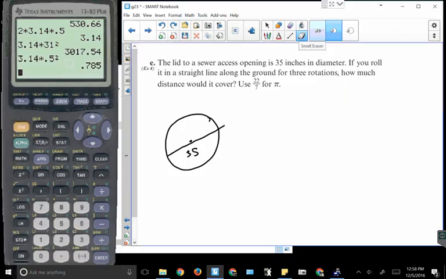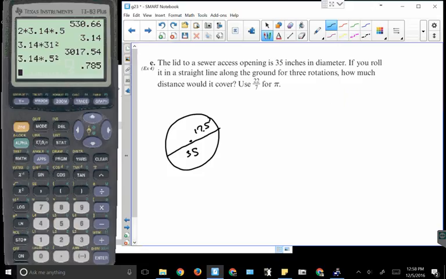Now again, you don't have to be super accurate here, you just have to make sure that you get things put in there. So, what's the radius going to be? That should be one of the automatic things you deal with here. What's the radius? 17.5. We got that.